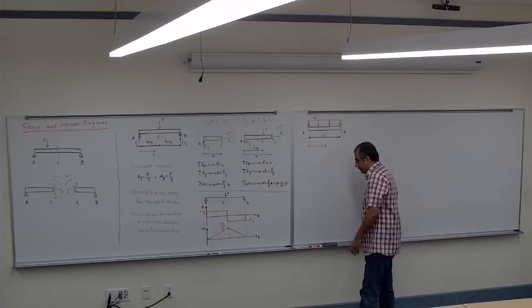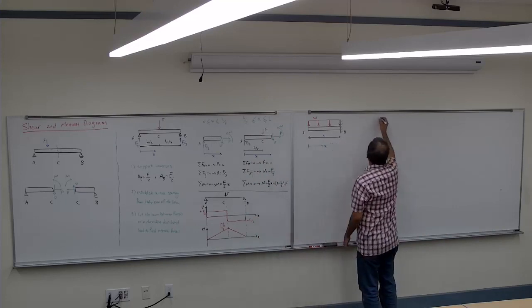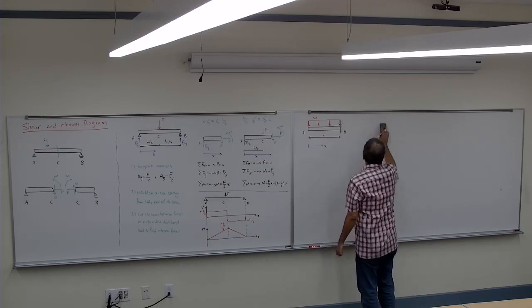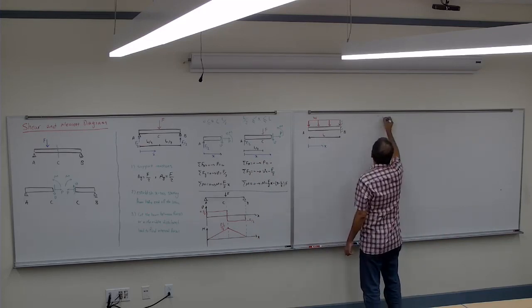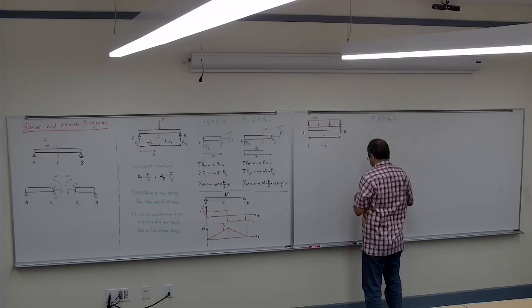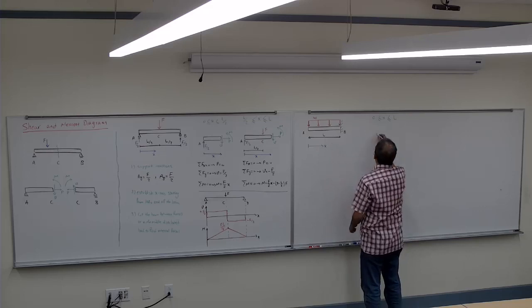So the X would be between 0 and L. If I cut it between 0 and L, what I'm going to get is something like this.